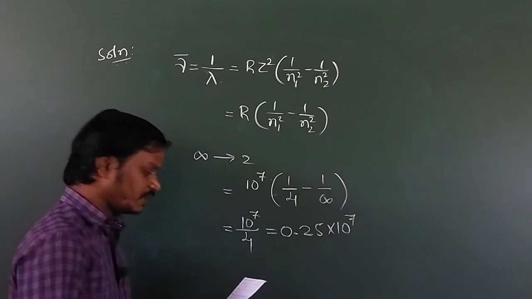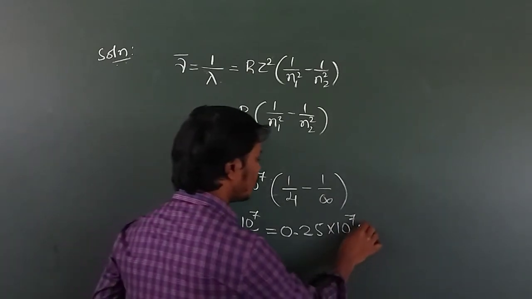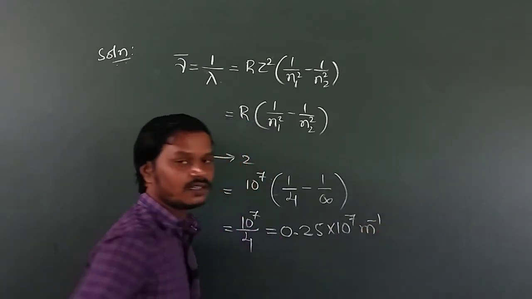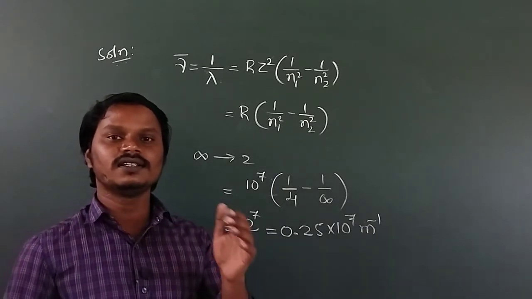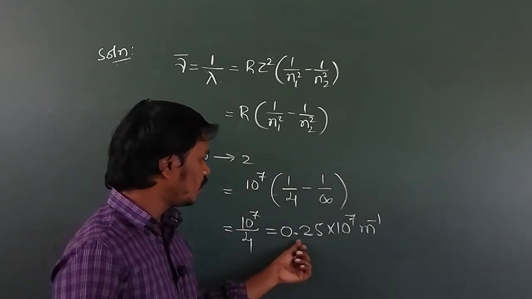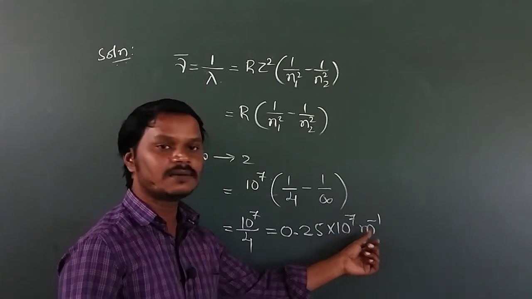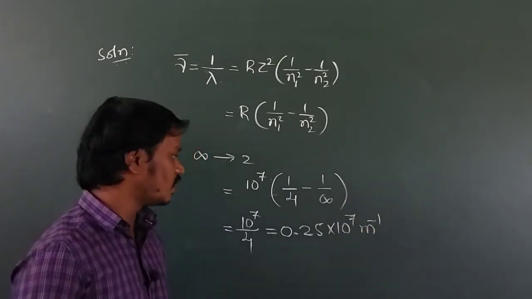This is the wave number, and the unit is per meter. So the wave number of the last line in the Balmer series is 0.25 into 10 to the power of 7 per meter. This is the answer.